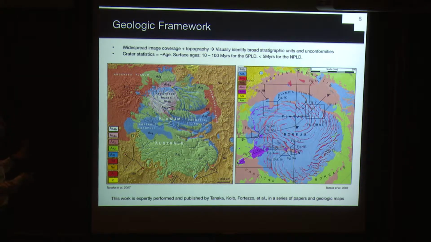And the way that these are built is essentially we look at the widespread image coverage throughout both caps and the topography, and we visually identify broad stratigraphic units and unconformities, and we can get ages from crater statistics. And so this is just the larger scale geologic map of the area.